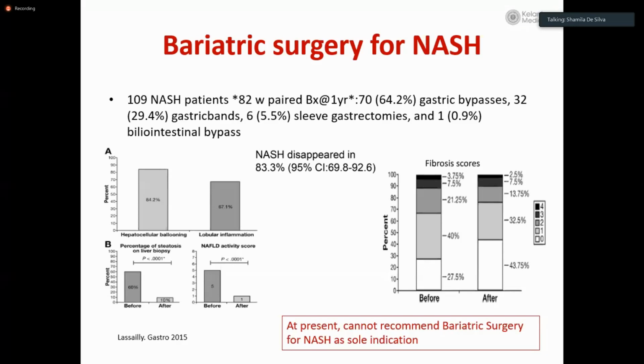So if they have the risk factors or indications for bariatric surgery, like high BMI, more than 40 or more than 35 with multiple metabolic risk factors, if they qualify and if they have NASH, yes, certainly refer them for bariatric surgery, because bariatric surgery will clearly improve the NASH in these patients. But as a sole indication, bariatric surgery is still not included in the guideline.